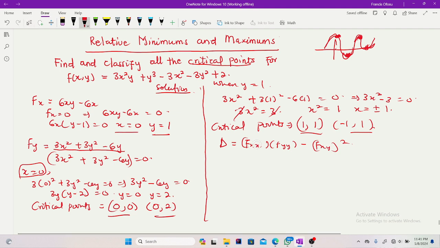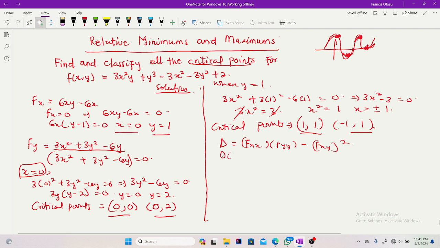So we simply find the second derivative with respect to x, then the second derivative with respect to y. After we have got fx, we find another derivative of the same thing, fxx, and likewise from fy we find fyy. And after that we find fxy, all squared. This will give us a determinant expression. Then, because we want to classify a critical point, you find D at the particular critical point.